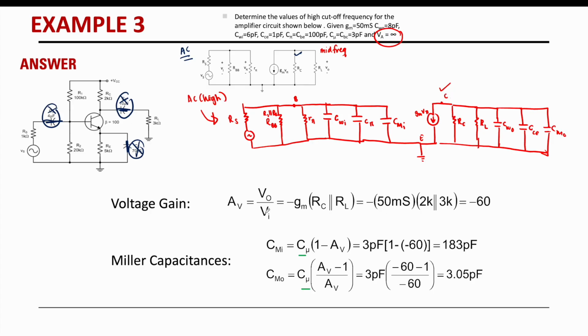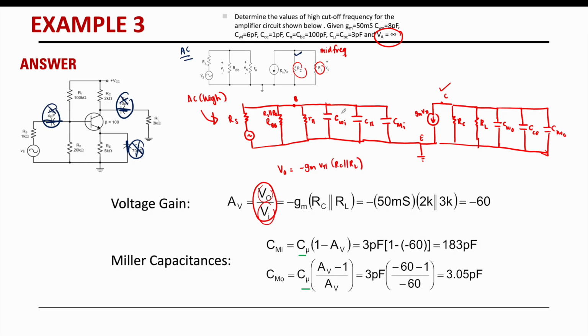Since AV is not provided, you first need to get the output voltage and the input voltage. The output voltage V output is equal to negative GM V pi times RC parallel with RL.